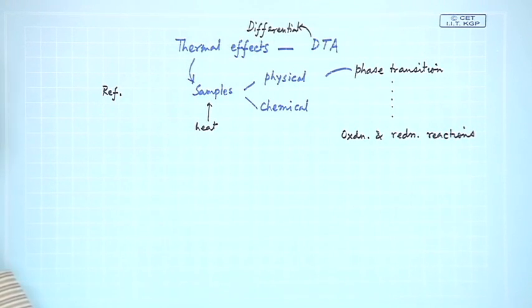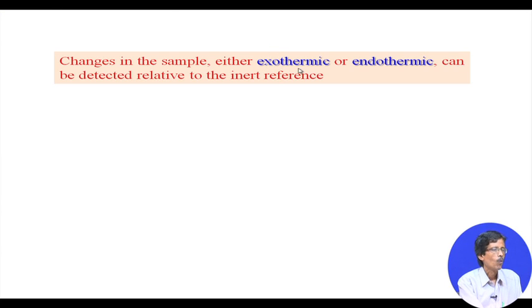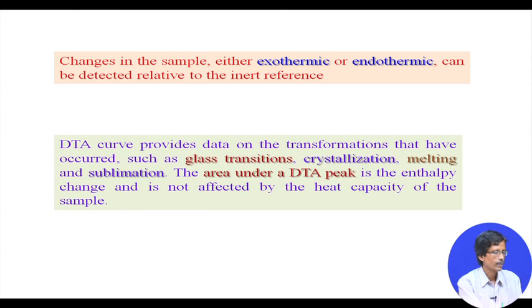So, what we see is that we are looking for two types of changes for your delta H. One can be your exothermic change and another can be your endothermic change. These two changes can be very nicely recorded, monitored and compared with any such sample, because diverse types of samples can be used to analyze these things, and along with the phase transition and the oxidation reduction reactions, we can see also the melting as well as sublimation.